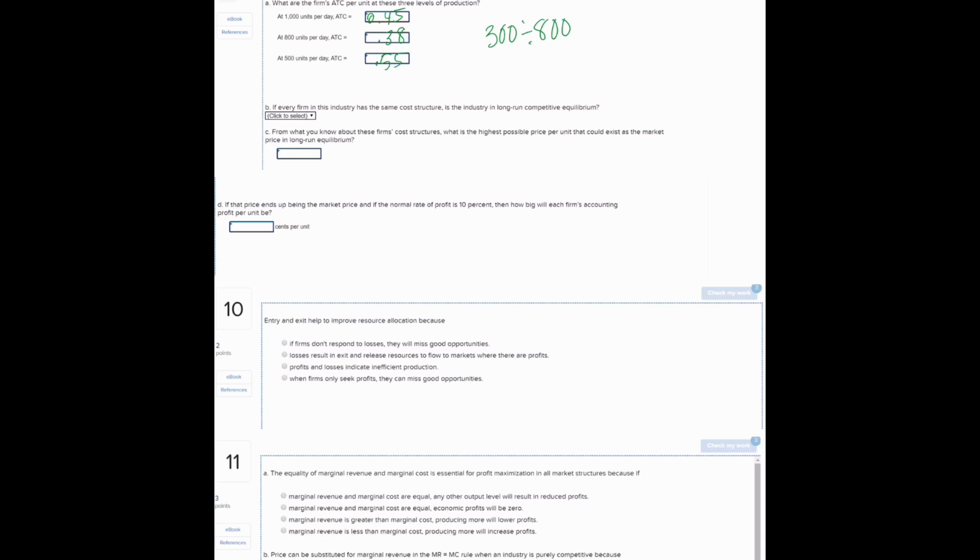The question is, if every firm in this industry has the same cost structure, is the industry in long-run competitive equilibrium? So by definition, long-run equilibrium is where the firms are producing at the lowest average total cost. And that would be, in this case, 38 cents.